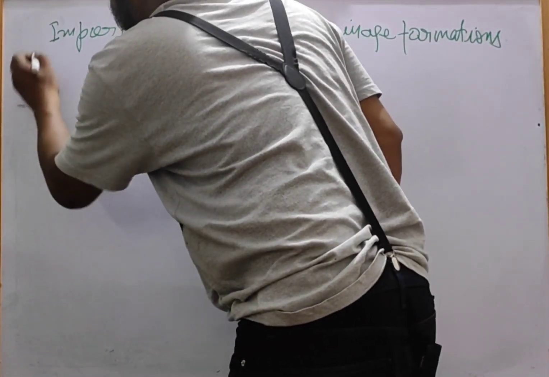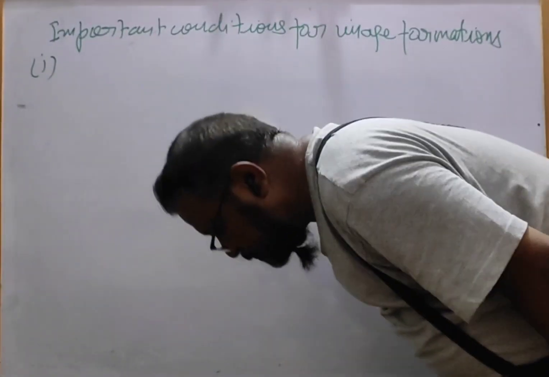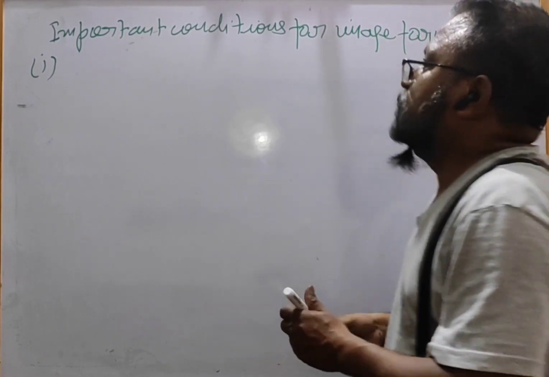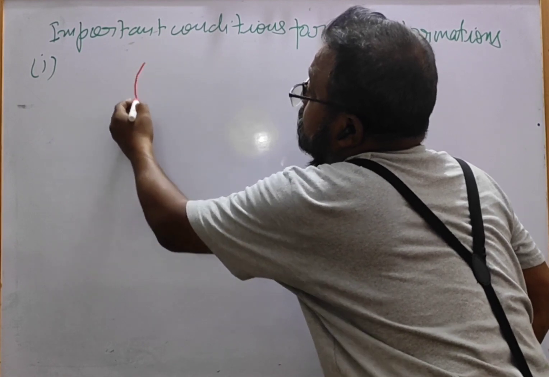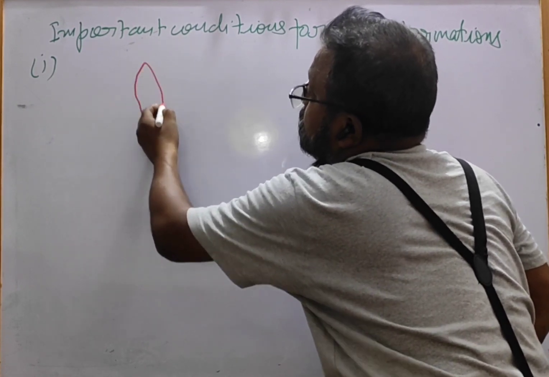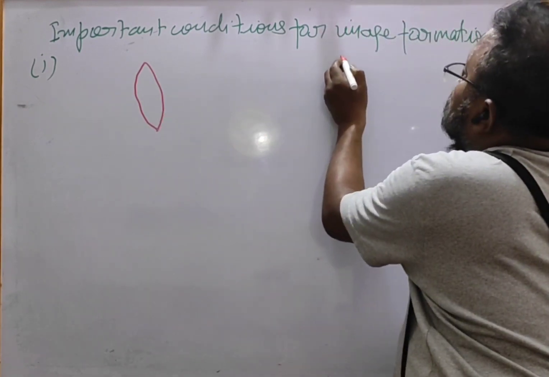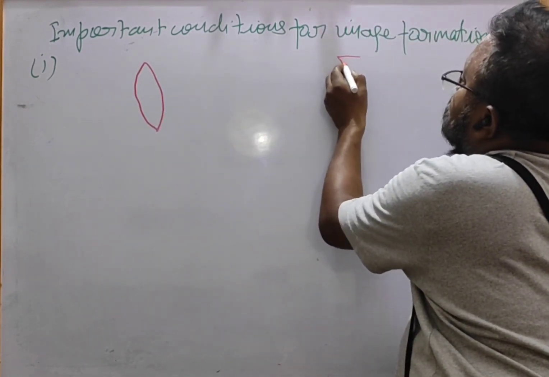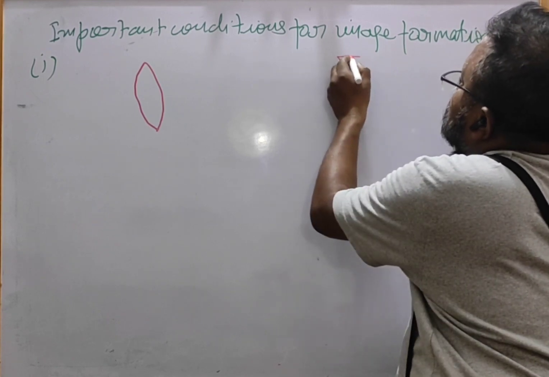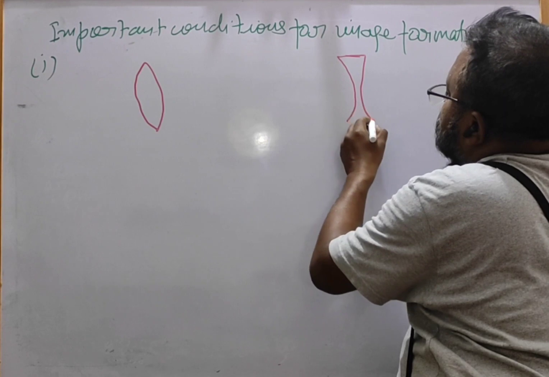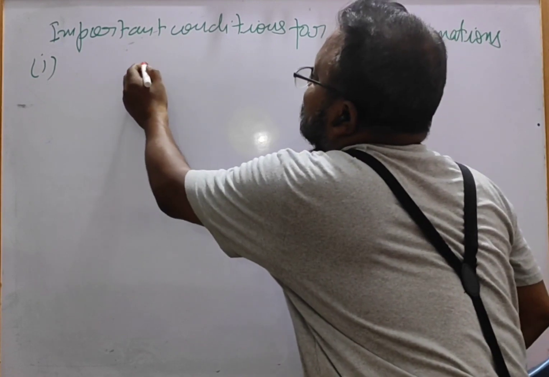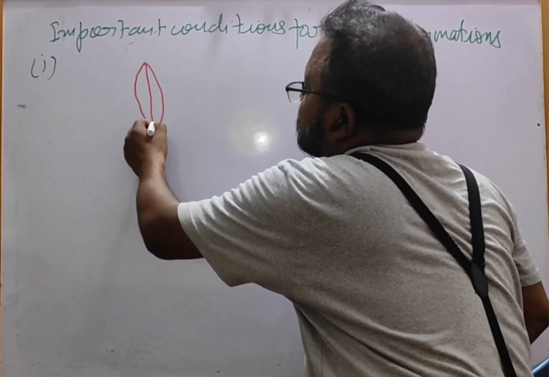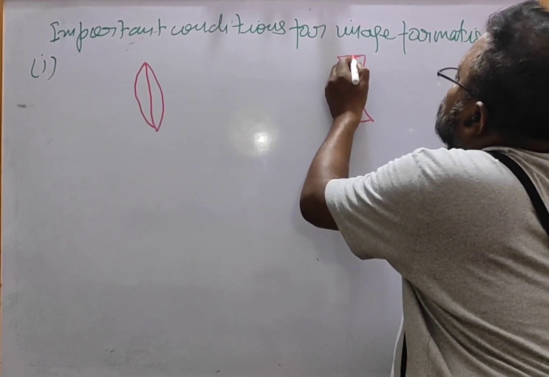First is, if this is a convex lens, right? And this is a concave lens, right? This is convex, this is concave.